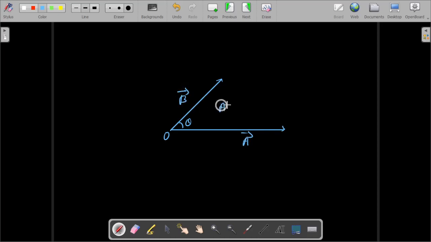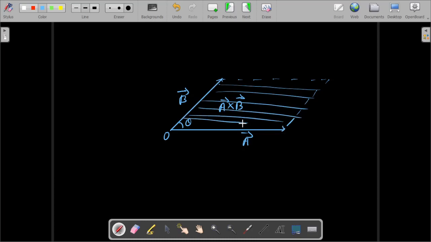You take a cross b. Physically, it gives us the area covered by these two vectors. This area. The physical meaning of A cross B is the area occupied by these two given vectors.